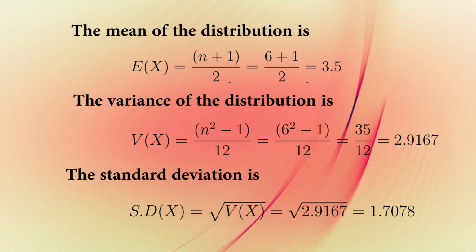Hence, for the given distribution, the average is equal to 3.5, the variance is equal to 2.9167 and the standard deviation is equal to 1.7078.